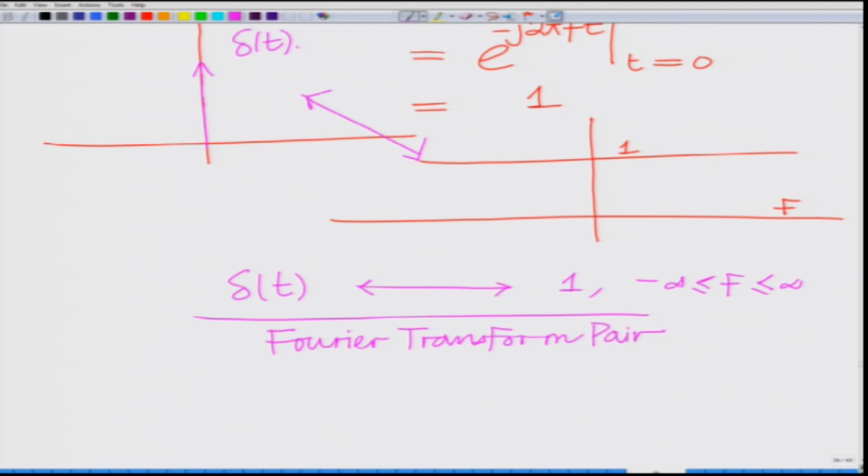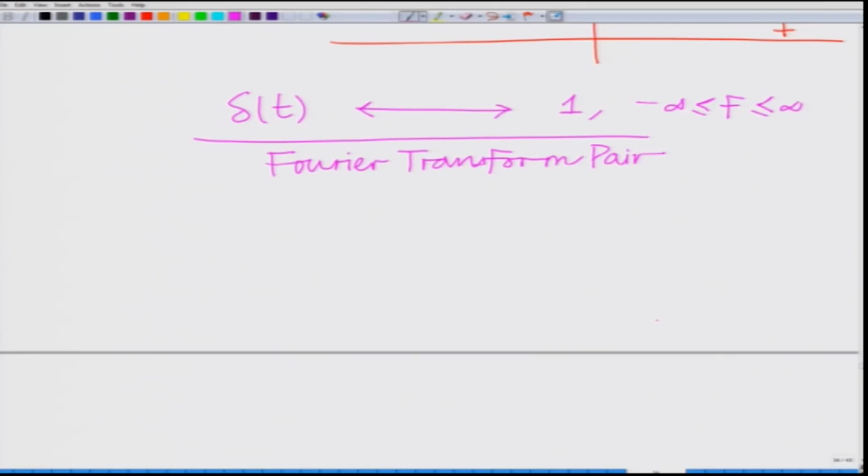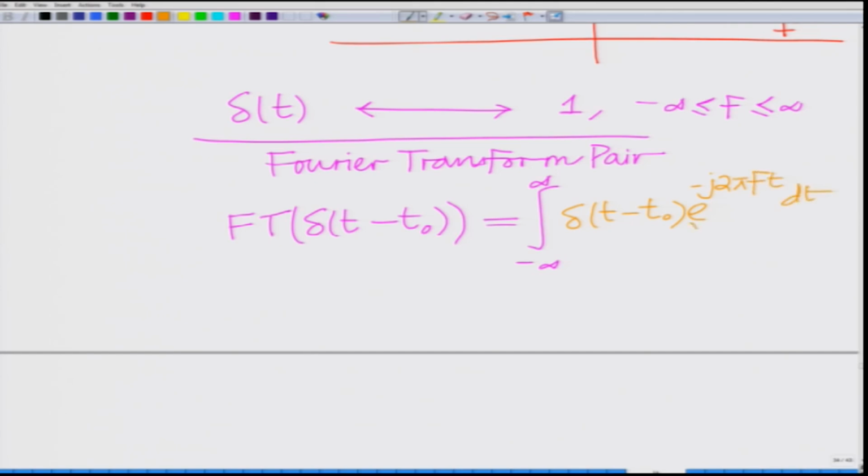Again, similarly, you can find the Fourier transform of the shifted impulse, delta t minus t naught. The Fourier transform of delta t minus t naught is the integral from minus infinity to infinity of delta t minus t naught e to the power of minus j 2 pi f t dt.